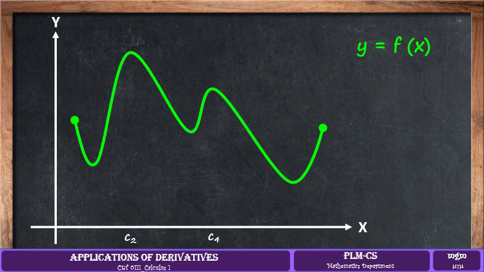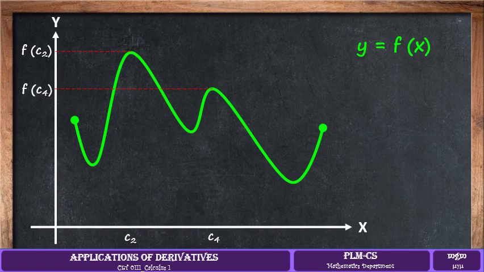Now, for the final pair of maximum and minimum values, let us again consider the graph of y equals f of x. Again, as mentioned earlier, y equals f of x has two relative maxima, namely f of c sub 2 and f of c sub 4.